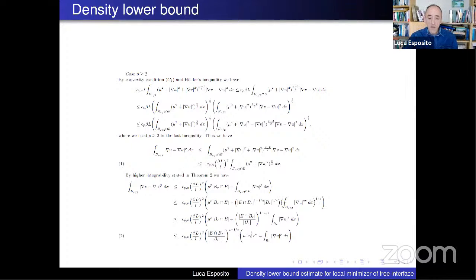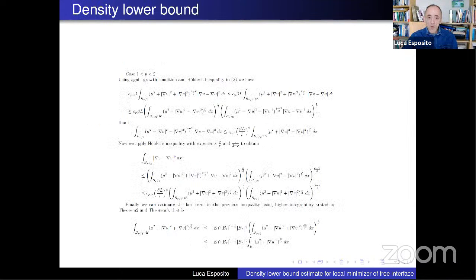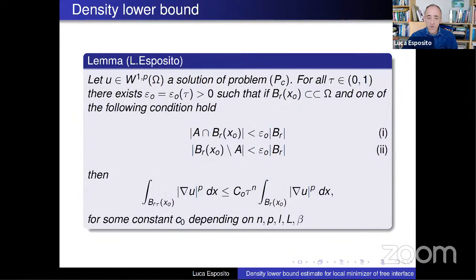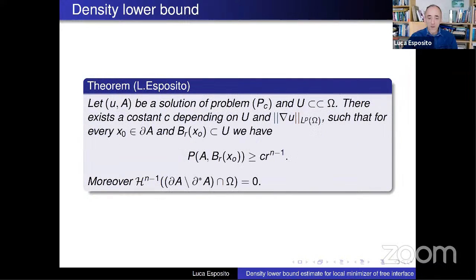This lemma tells you that around points with density small or density almost 1, you have a good decay estimate. And so this guarantees you that you have this density lower bound.